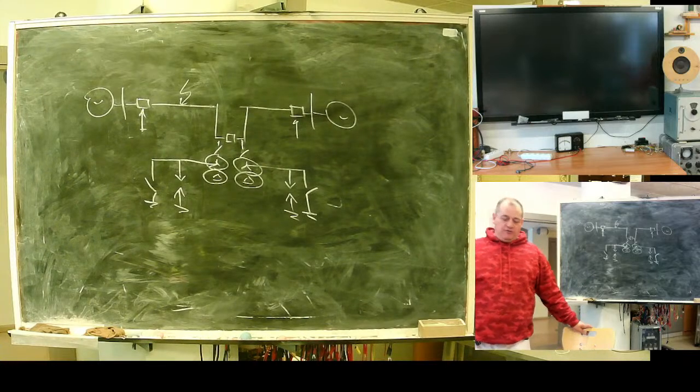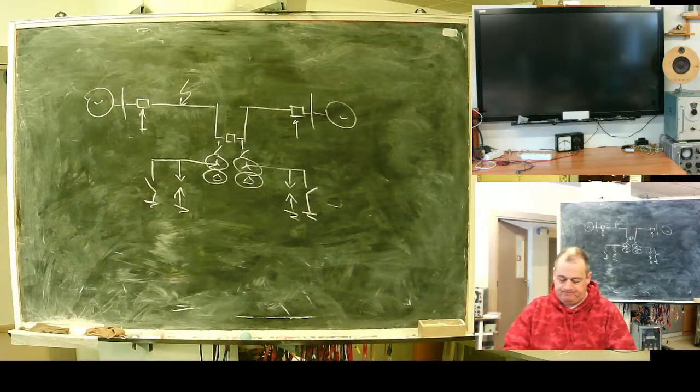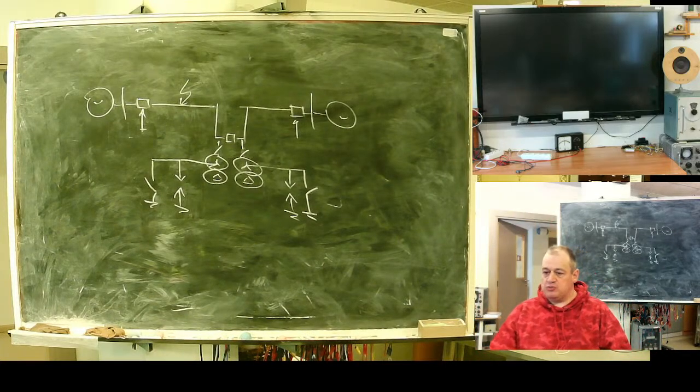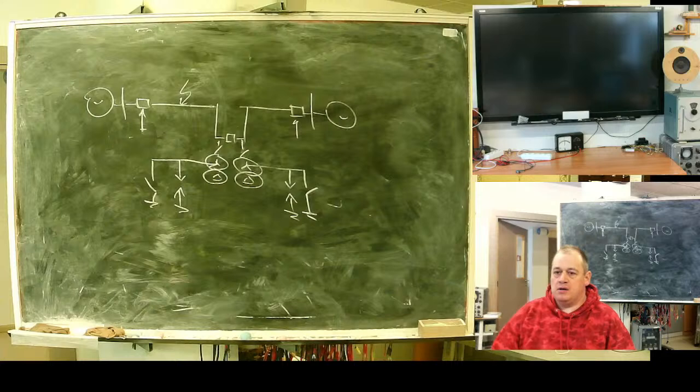In the middle of loop, no neutral is earthed. This measure should be mandatory.